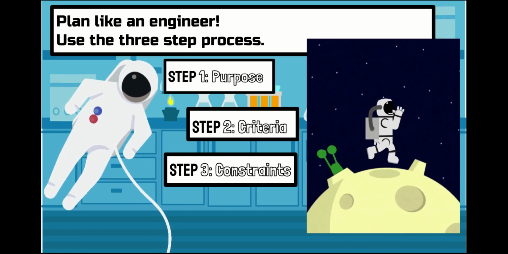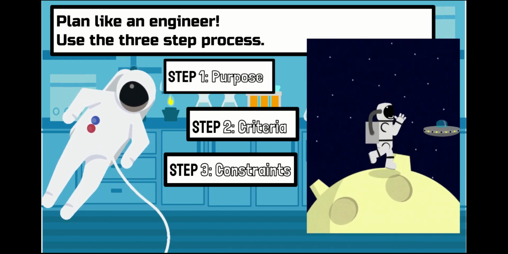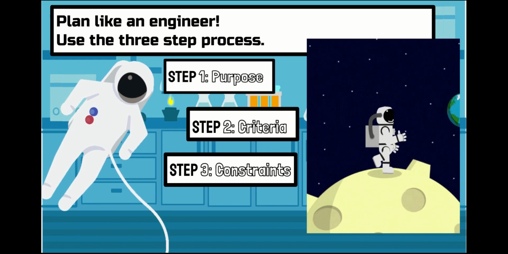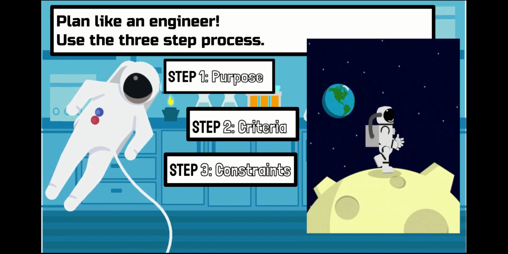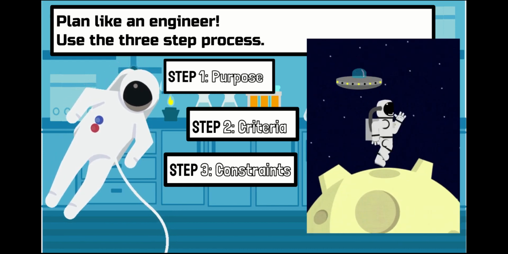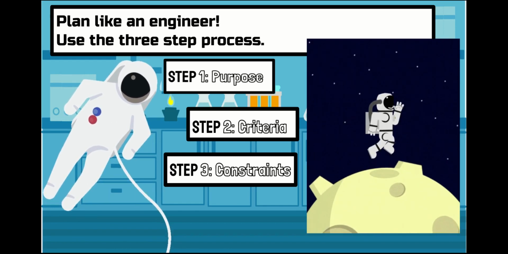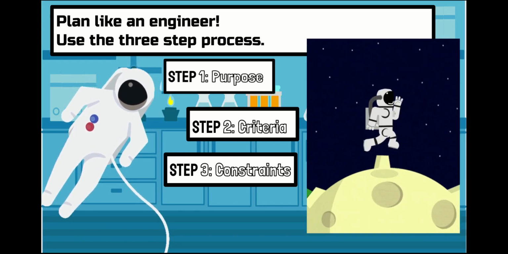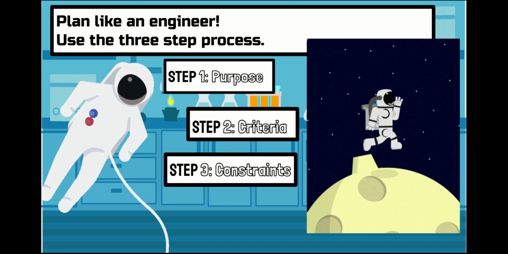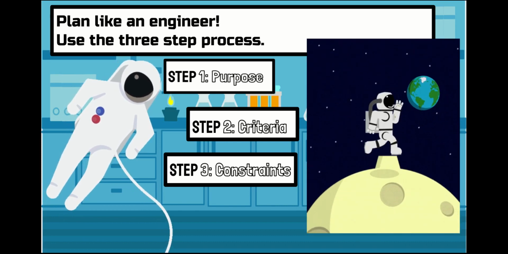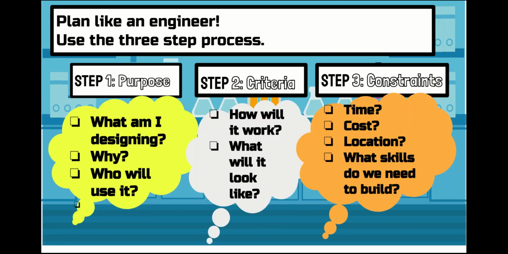Do we even know how to build a signaling device that would reach space? It sounds really expensive. So, asking questions about the purpose, the criteria, and the constraints actually helped us come up with an idea that would be more useful for us, that would be more purposeful for us.